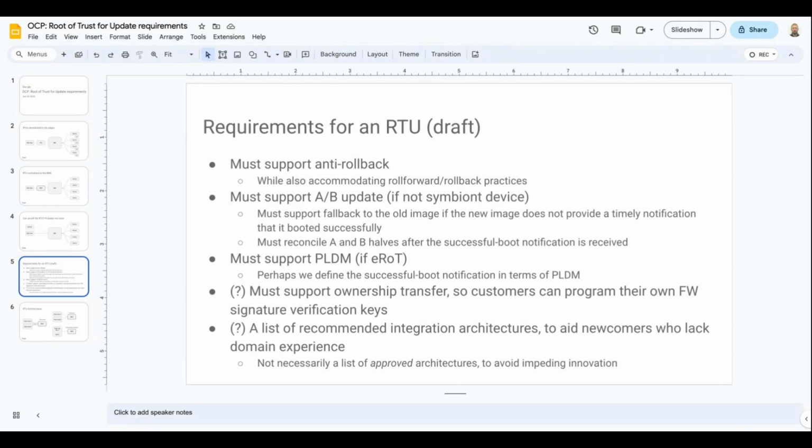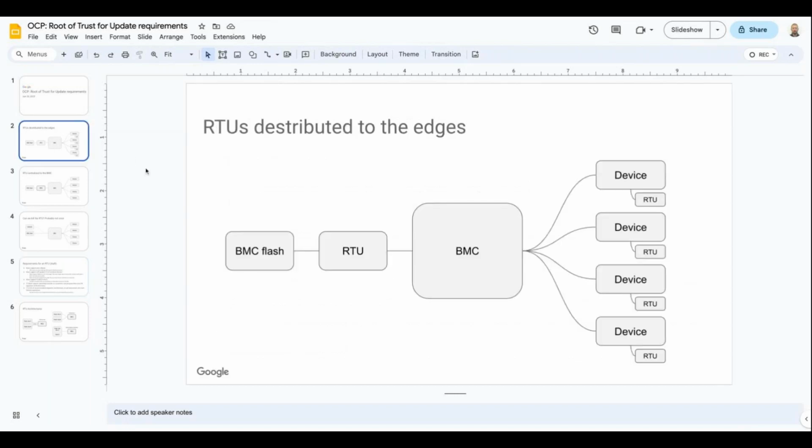If we go back to slide 2, you may have storage on the symbiote device. You may need an RTU locally to protect that storage. That doesn't mean you need AB updates or autonomous behavior by the device. It may have a recovery path that can be triggered externally.